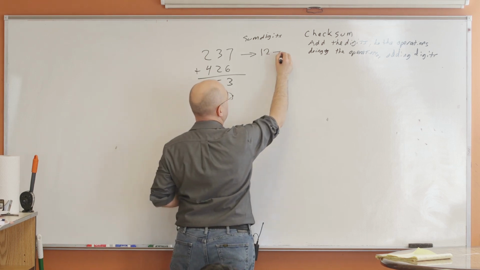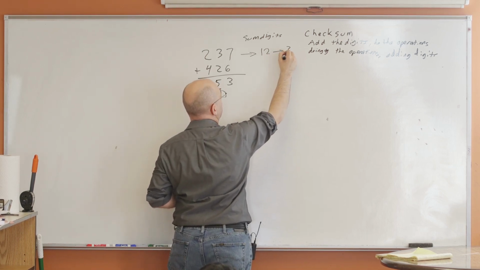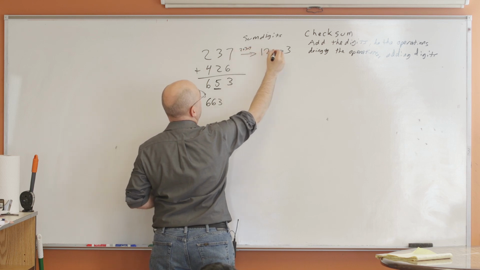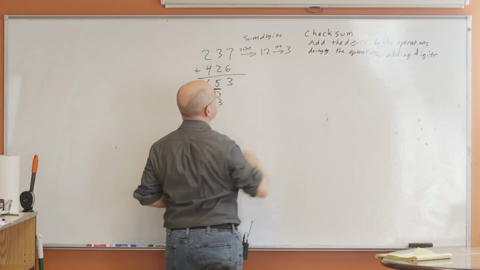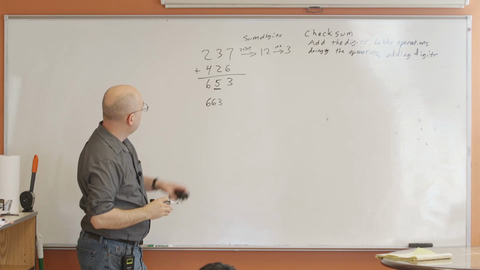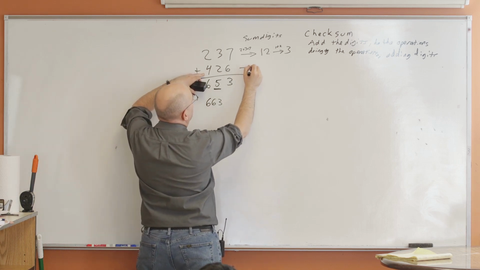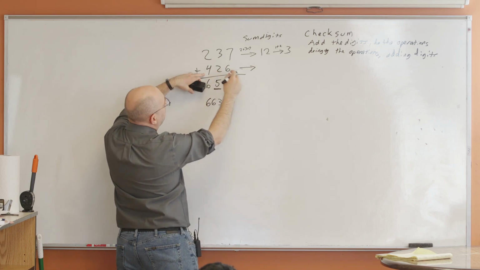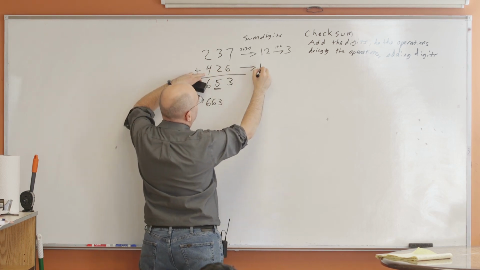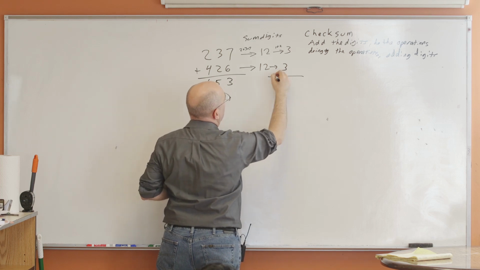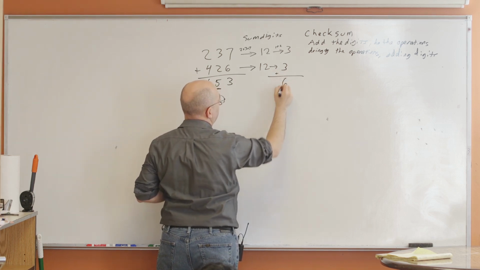So I do 1 plus 2 is 3. So this is 2 plus 3 plus 7, and then this is 1 plus 2. And down here, 426. Well, 4 plus 2 is 6. 6 plus 6 is 12. And then we get 3. And now I add up these 3's and I get a 6.